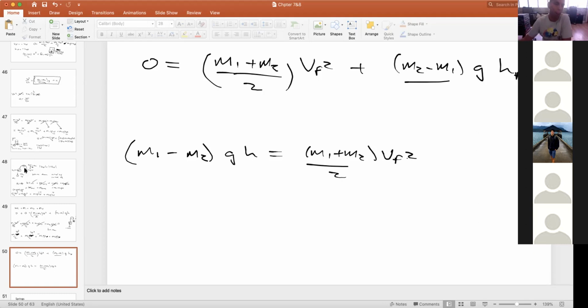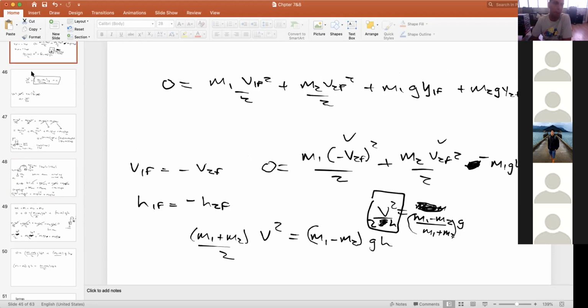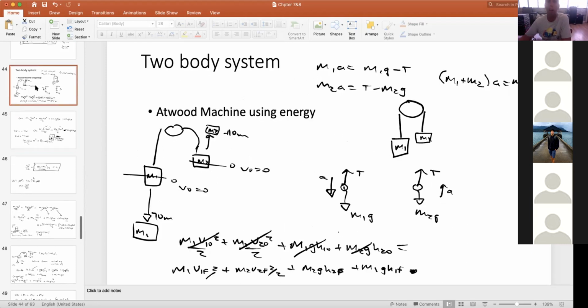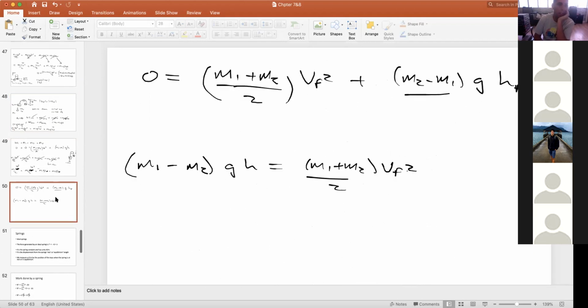If you remember back when we did the old school Atwood machine, you got M1 minus M2 divided by M1 plus M2, all times G was equal to A. Just divide through and solve for A here. That, though, is exactly what we get here. Divide through by M1 plus M2.